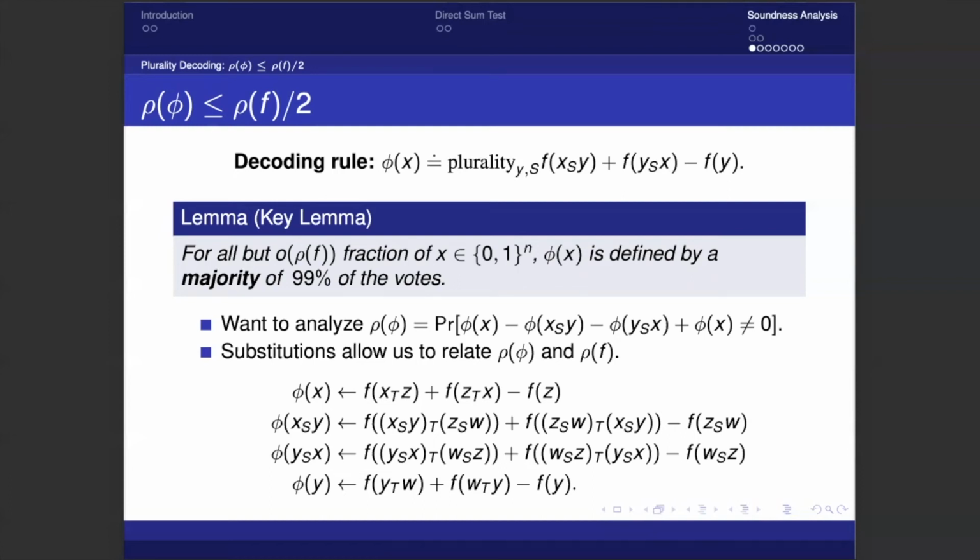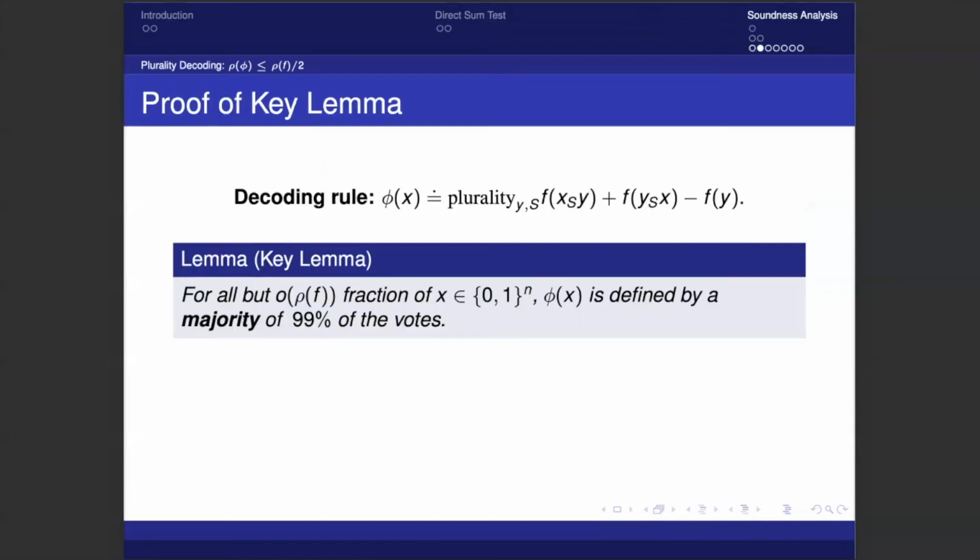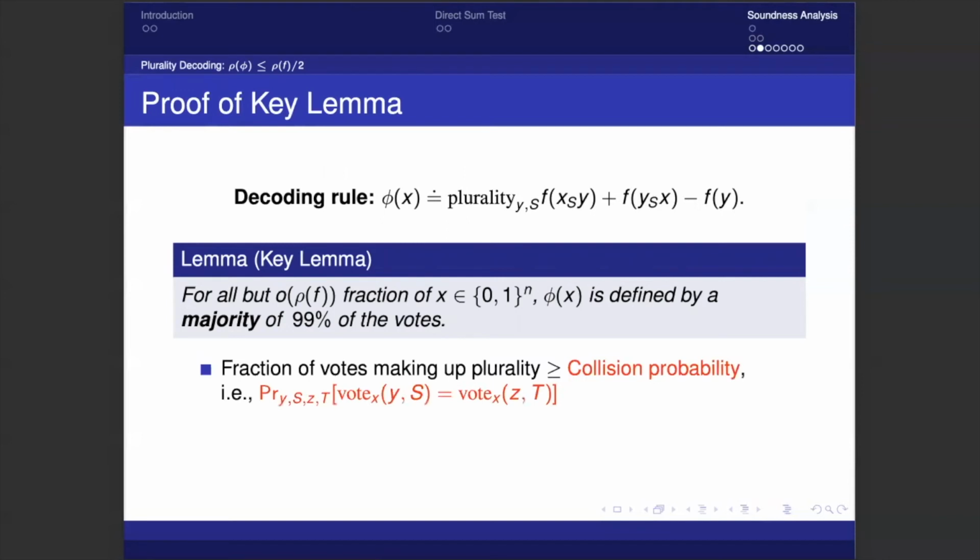So now let's look at the proof of the key lemma. We're going to start with a well-known fact that says that the fraction of votes that make up the plurality is at least the collision probability. The collision probability is the probability that two randomly chosen votes are equal to each other.